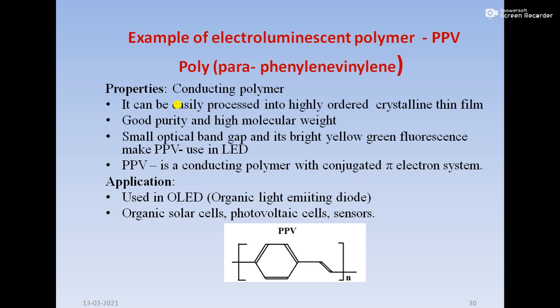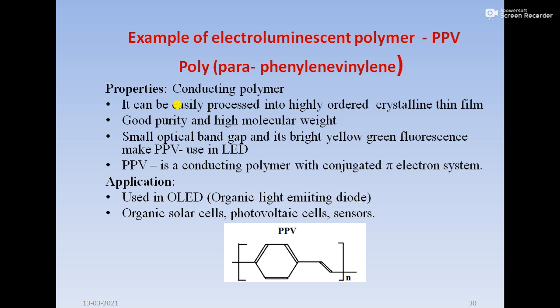So this is the example of an electroluminescent polymer, PPV, polyparaphenylene vinylene. Properties of PPV: first, it is a conducting polymer. Second, it can be processed easily into highly ordered crystalline thin film. Then, good purity and high molecular weight.